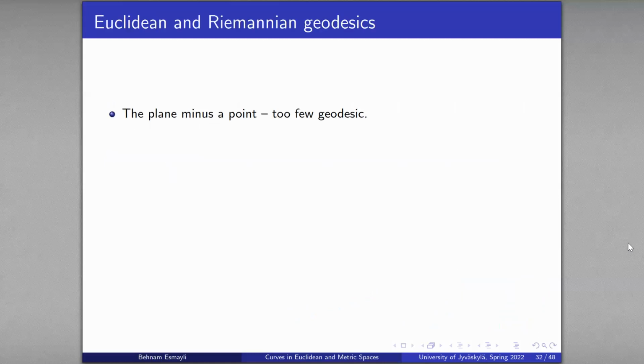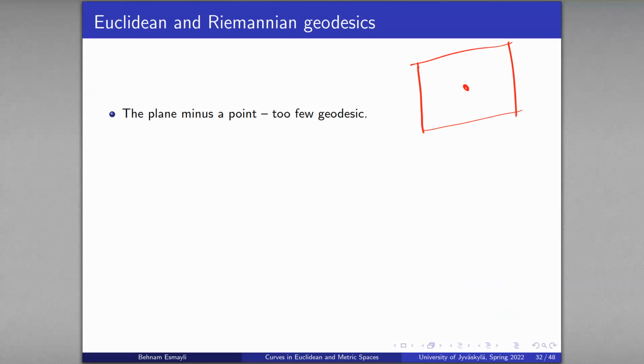Okay, so more examples. The plane minus a point is already interesting. So here you are in the plane, and this point is missing, say it's the origin without loss of generality.